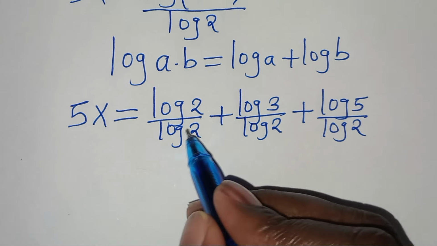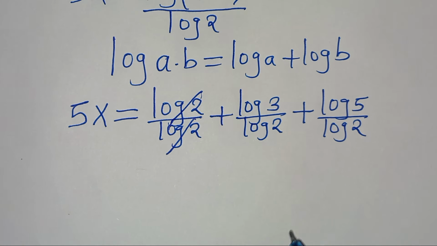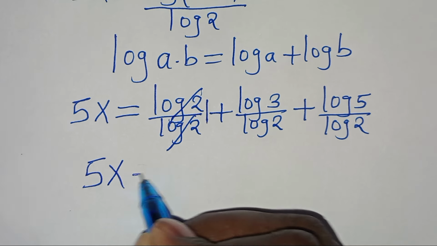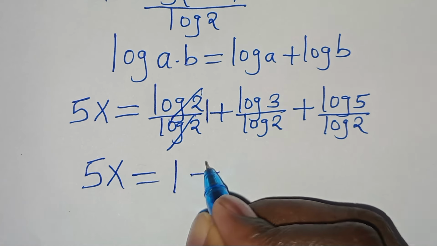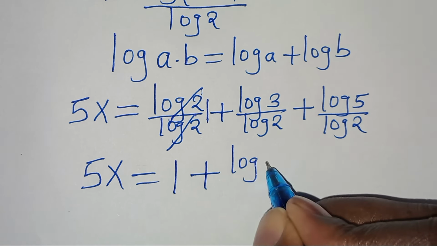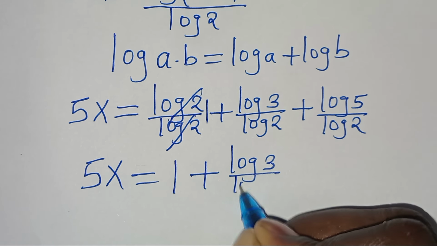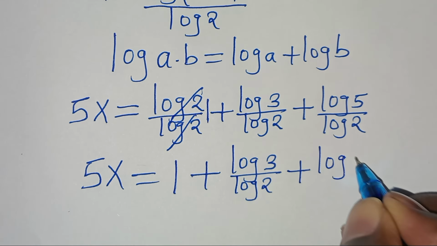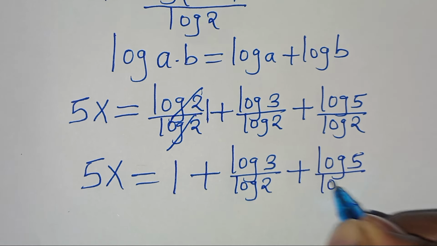So log 2 and log 2 here simplifies, so this is 1, so that now 5x is equal to 1 plus log 3 divided by log 2, then plus log 5 divided by log 2.